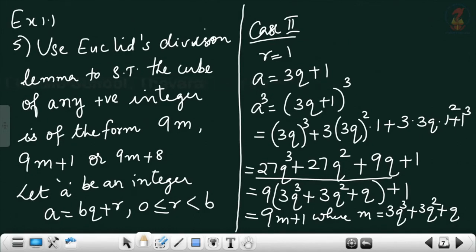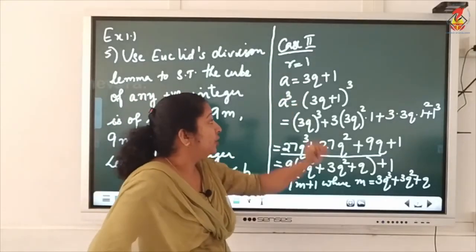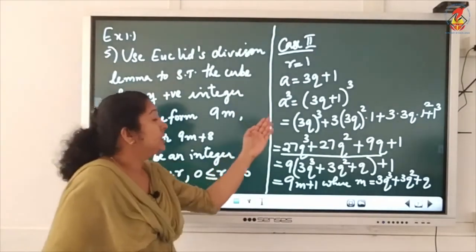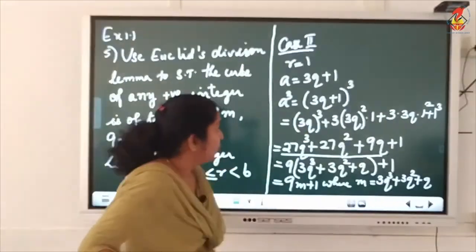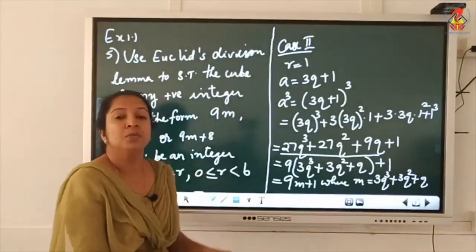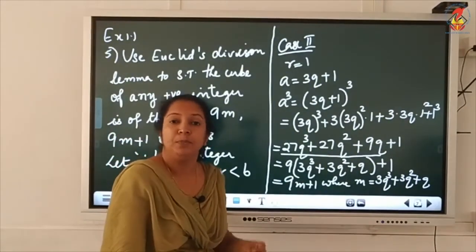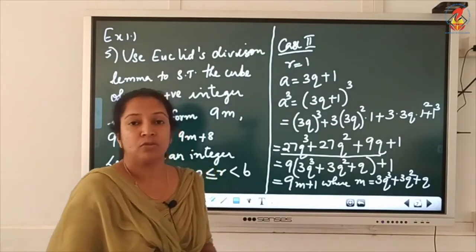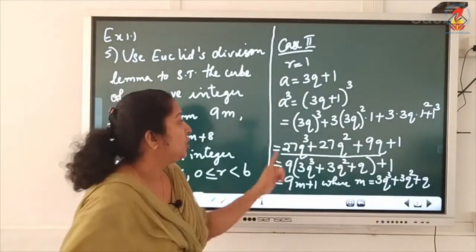Case 2, r is equal to 1. So, a is equal to 3q plus 1. A cube is equal to 3q plus 1 whole cube. So, this is of the form a plus b whole cube. So, a plus b whole cube is equal to a cube plus 3a square b plus 3ab square plus b cube.